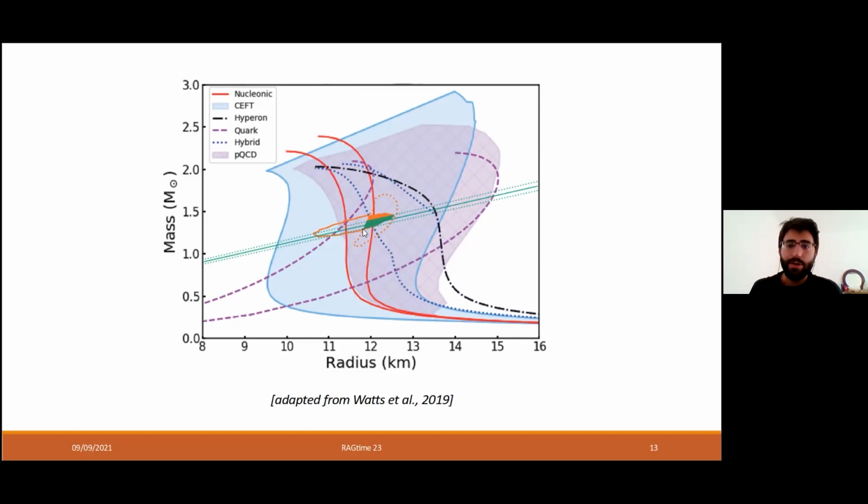So we are very confident that when new instrumentation such as eXTP or even Athena comes out in the future, this method will allow us, together with other methods that will be made available, to actually pinpoint and constrain properly the neutron star equation of state.